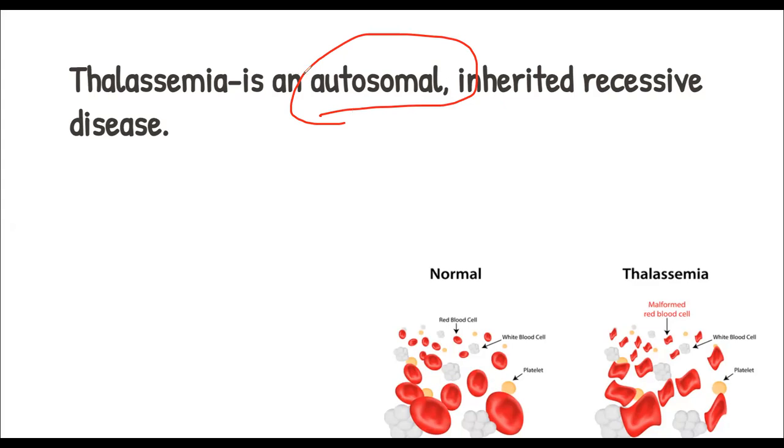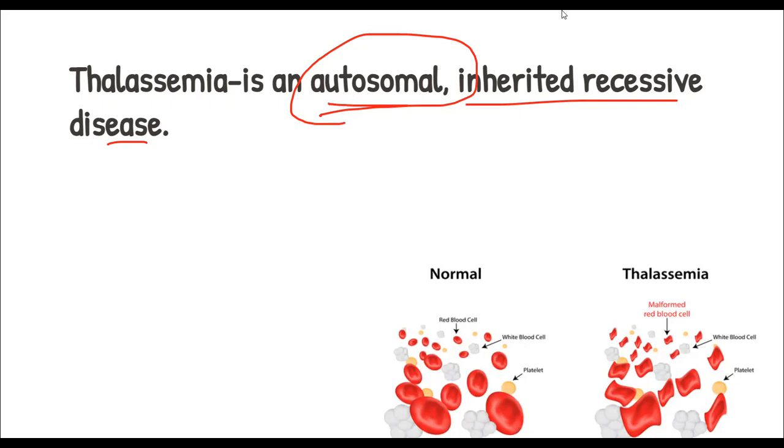If the allele was recessive or defective, then it resulted in those sex-linked disorders. This one is autosomal, from chromosomes 1 to 22 that we are discussing. It is an inherited recessive disease. So if both the alleles are recessive for thalassemia, then the person might get this condition.